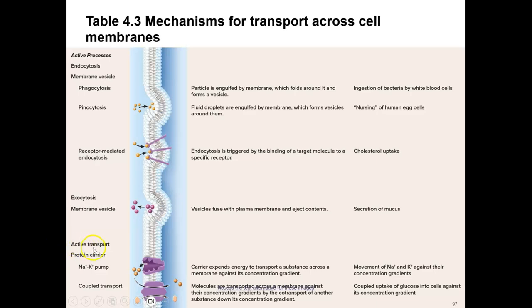Also, we've got this example of active transport because this is our sodium-potassium pump, which is requiring energy expenditure to change shape from the inside to the outside. And then here is an example of coupled transport, which is requiring more than one molecule to come through to be able to go into or out of a cell.